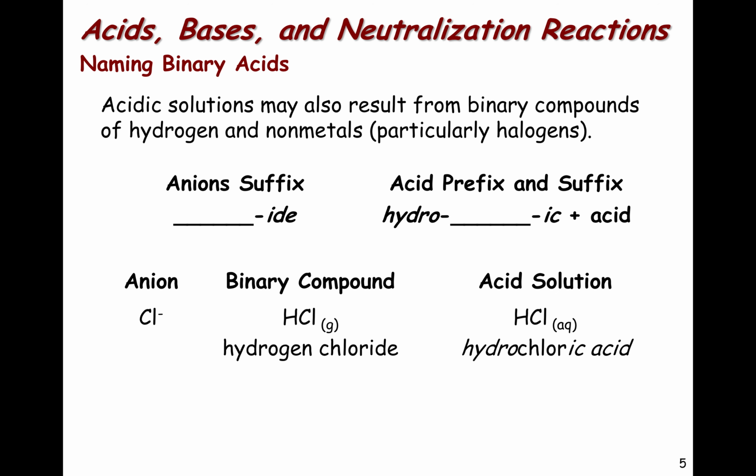As an example, if I have the chloride ion, we would have a compound that is an acid, which would have the formula HCl. In the gas phase, this is known as hydrogen chloride because it's a binary molecular compound. It acts like a molecular compound in the gas phase. But when dissolved in water, it acts as an acid. And so in this case, since we have aq after the formula, as you see on the right, the name would be hydrochloric acid.